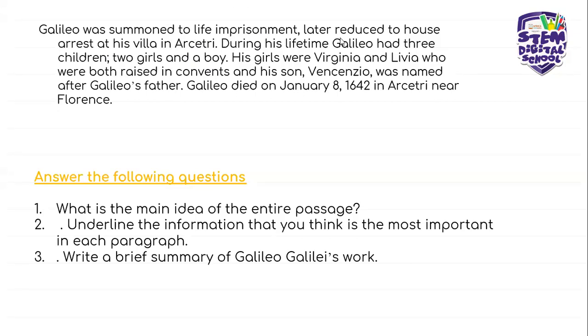So that's basically what house arrest means. During his lifetime, while he was in house arrest, he had three children and they went to convents. The fact that Galileo went to a monastery to study and then sent his children to convents shows that he was a Christian, because Christians go to monasteries and convents. And then he died in 1642.